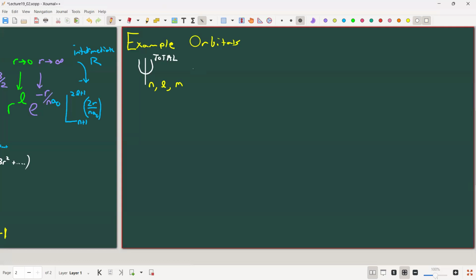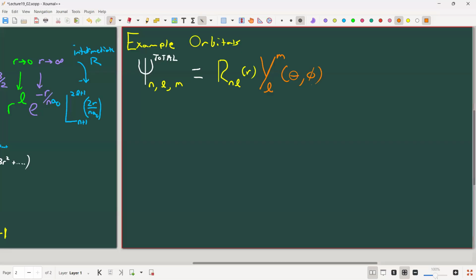So it takes 3 numbers. And we know that it's a product of the radial part of the function, this radial function that we just derived, times the spherical harmonics. So it's a product of 2 functions. And these are well-tabulated functions. We can look them up on the internet.